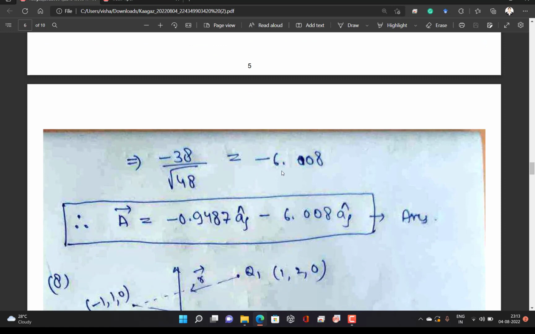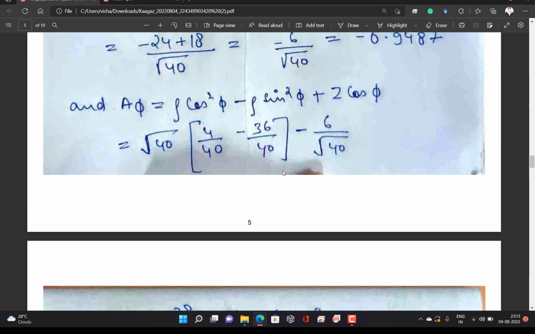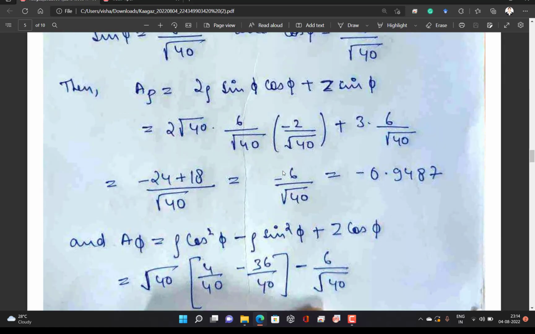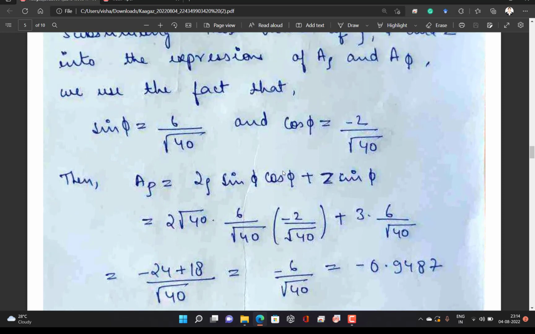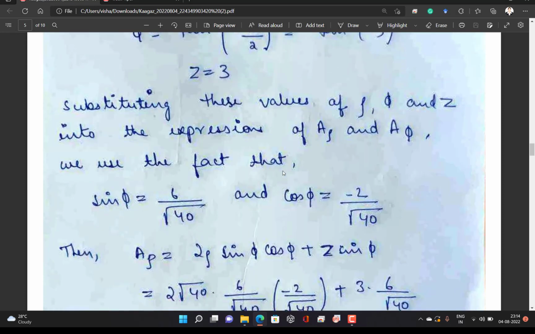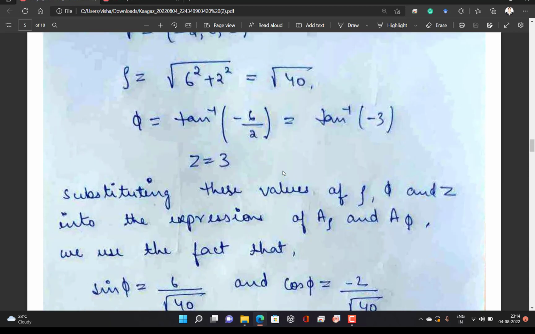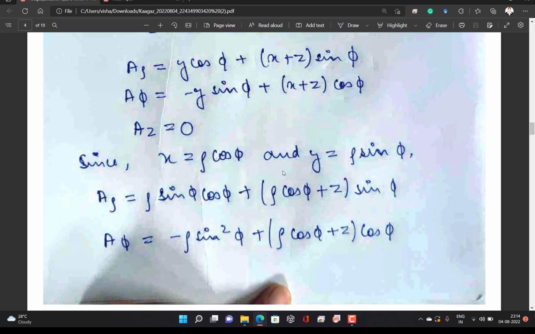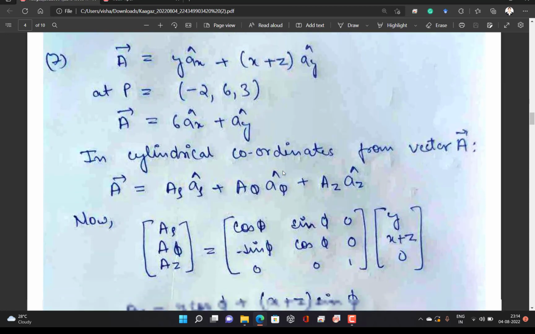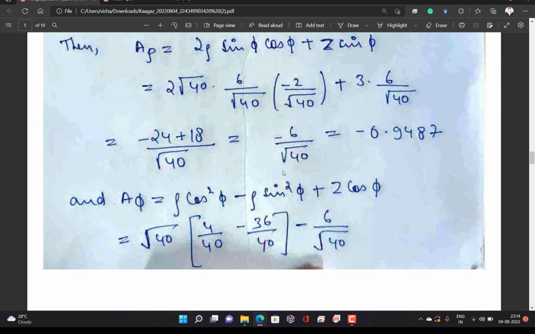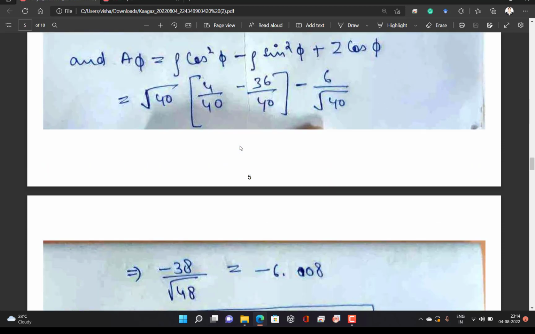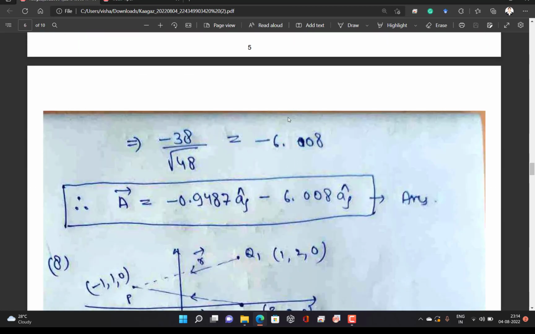So again we will put all these values here and we will get the value of a phi. So we got the value of a phi.